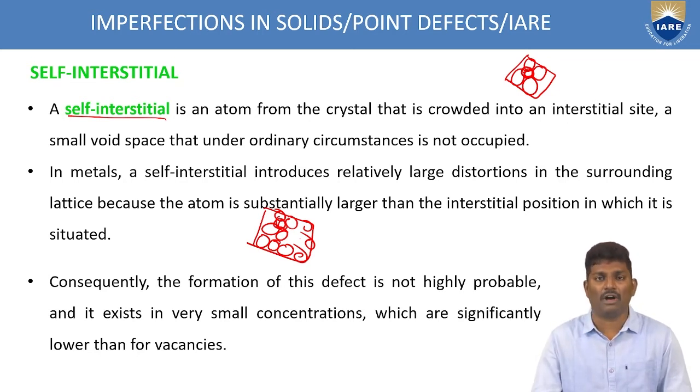Consequently, the formation of these defects is not highly probable, and they exist in very small concentrations, significantly lower than for vacancies. Of course, though the defects are identified, they are very small compared with the whole atomic structure, so these can be neglected at some point.